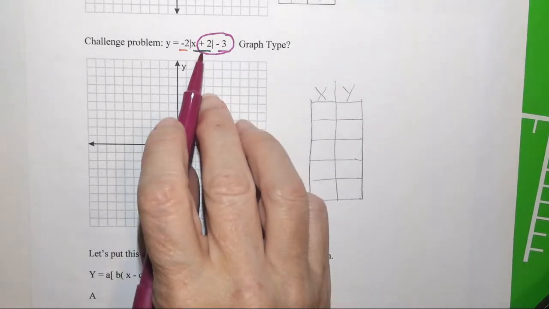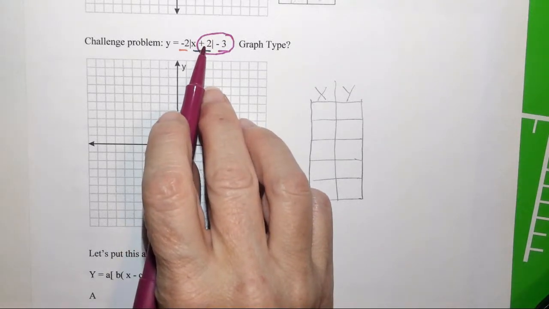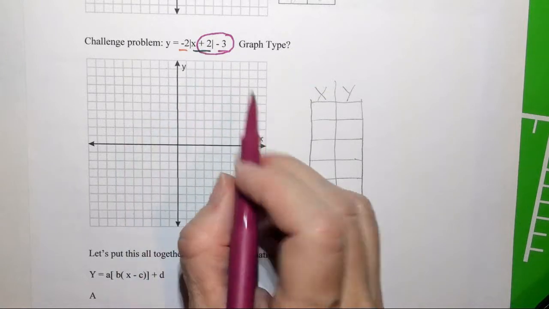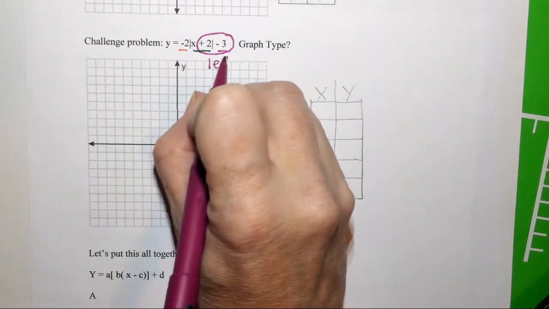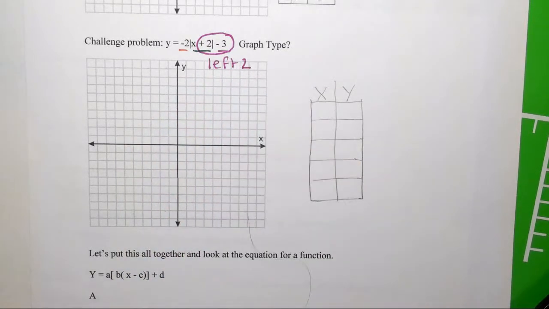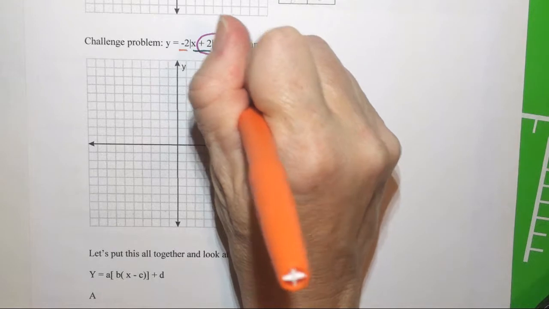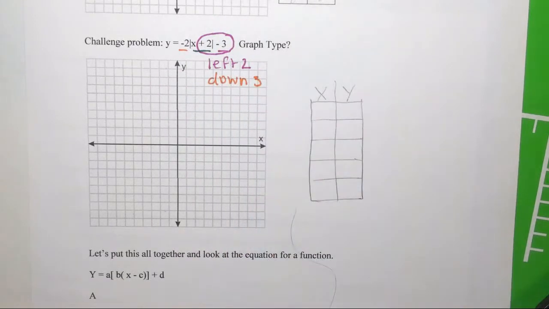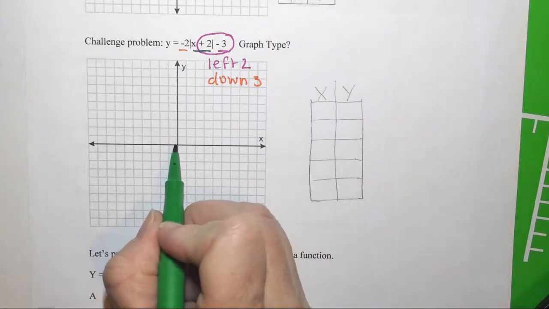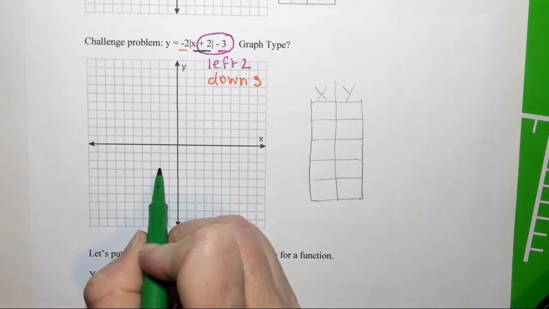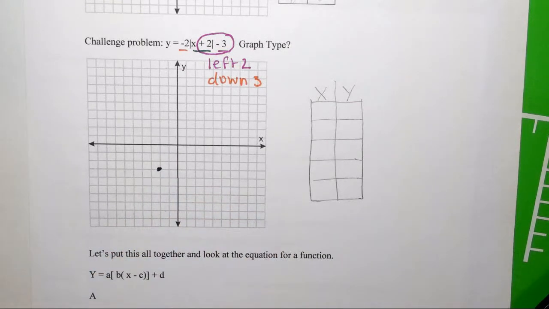Remember, take the opposite sign of what's inside, which is your horizontal shift. So we're going to go left 2, and then that -3 tells us to go down vertical 3. And I know that this is actually going to end up being my vertex of my absolute value graph. So I'm going to go left 2, down 3, and it's going to hit right there.